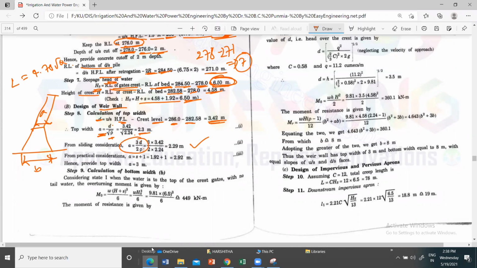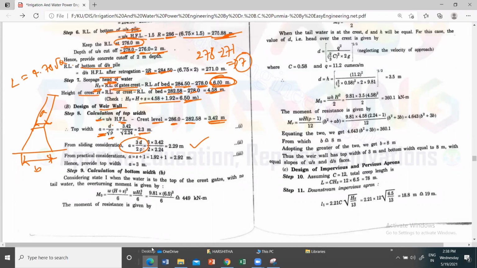And from practical considerations, top width will be equal to seepage head plus 1. So here we are getting 2.92, here it is 2.29. We get different values from three different considerations. Of these, we need to consider the maximum value, which is 2.92.